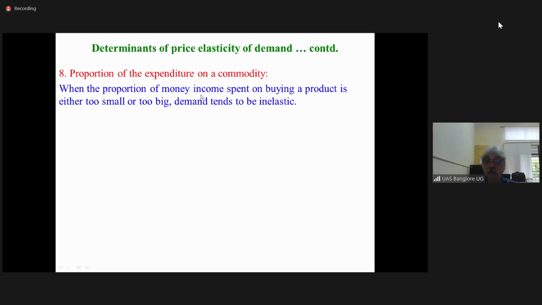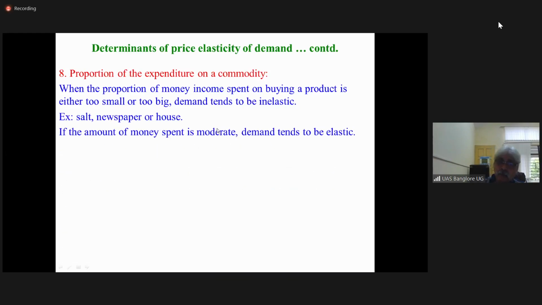When the proportion of money income spent on buying a product is either too small or too big, demand tends to be inelastic. Very small proportion, yes. Very large proportion, then also, yes, it will be inelastic. Inevitable, we have to spend, we have to purchase it, we have to use it. So it becomes inelastic. For example, salt, newspaper, or house, and so on.